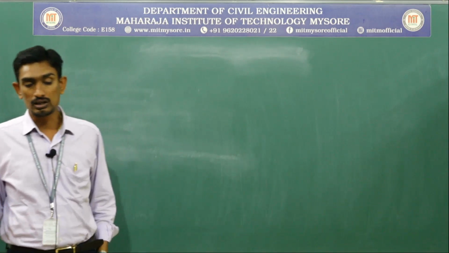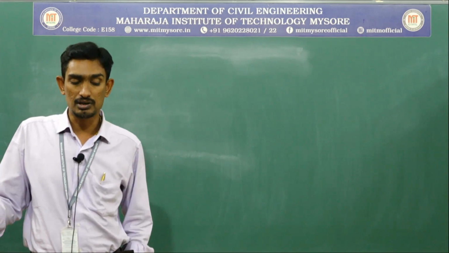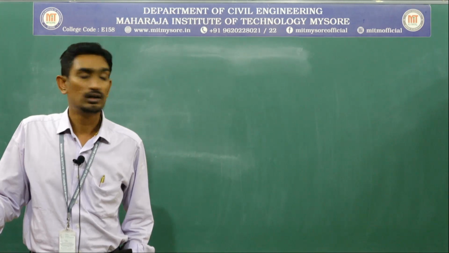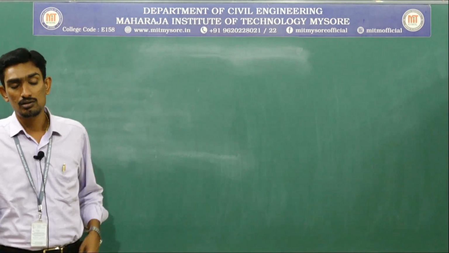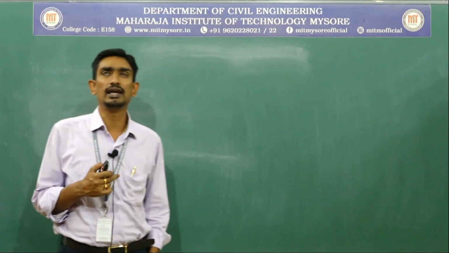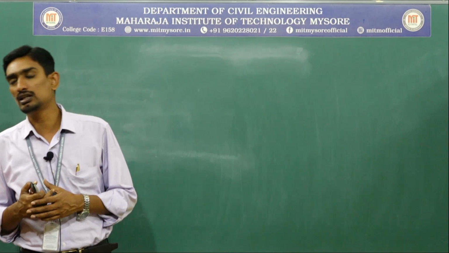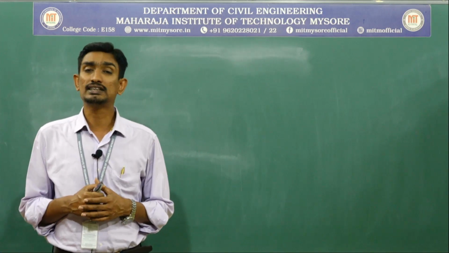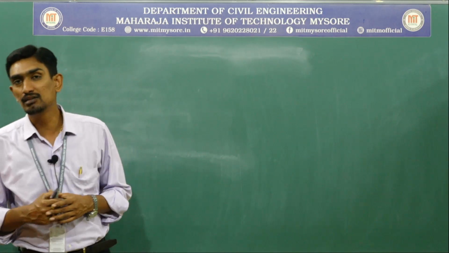Next, what are the properties of gypsum board? Point number 1 is that it is a fire resistant material. When you use it as interior material, people usually call it a false ceiling. It is a very good false ceiling material.